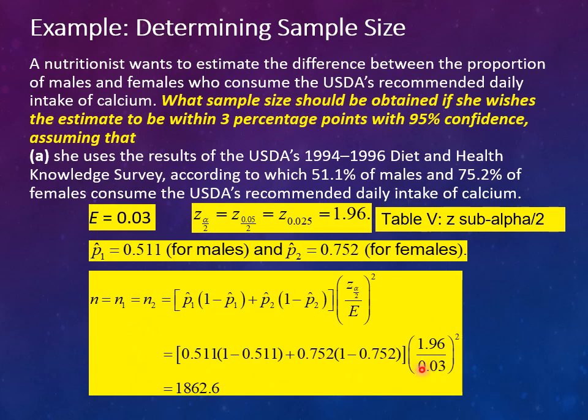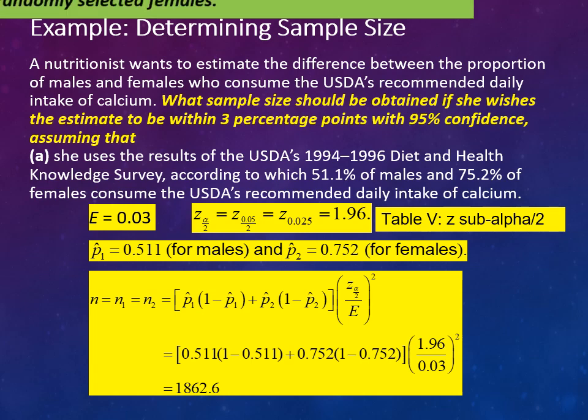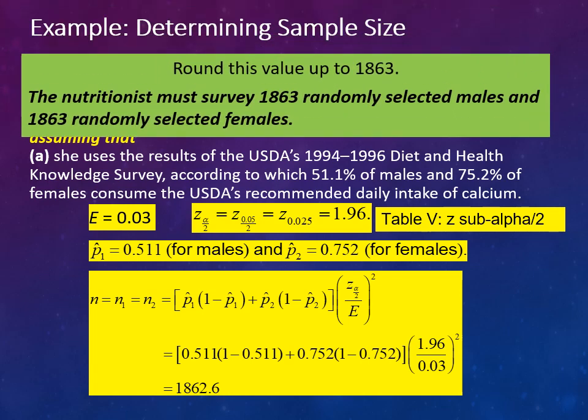When we do this math, we get 1,862.6. Remember that we have to round up to 1,863, and so the nutritionist must survey 1,863 randomly selected males and the same amount of randomly selected females.